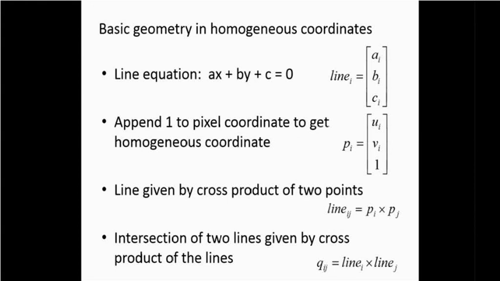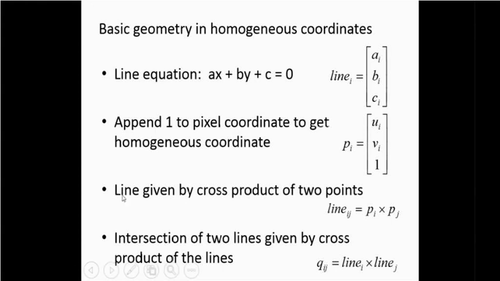Below that, I'm showing how to convert from a pixel coordinate into a homogeneous coordinate. You just append a 1 to the u and v dimensions. If I want to compute the line that passes through 2 points, I just take the cross product of those points in homogeneous coordinates, and that gives me my line a, b, c.